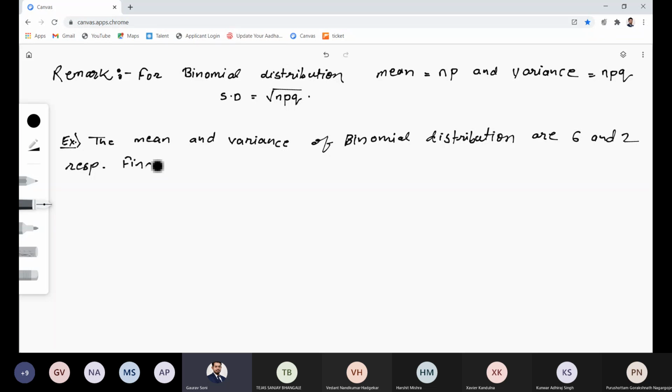Find the probability of R greater than or equal to 1.